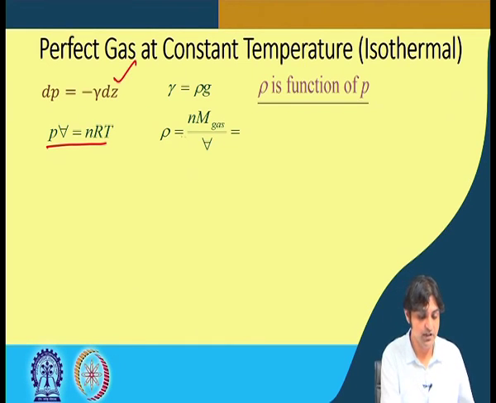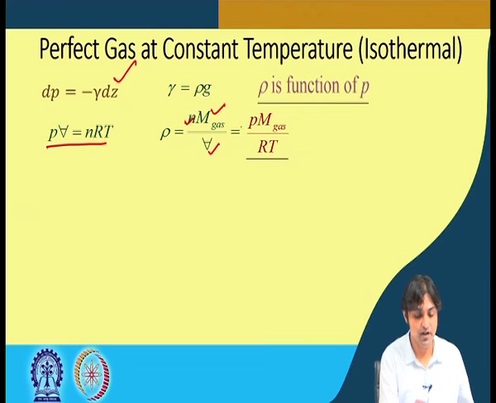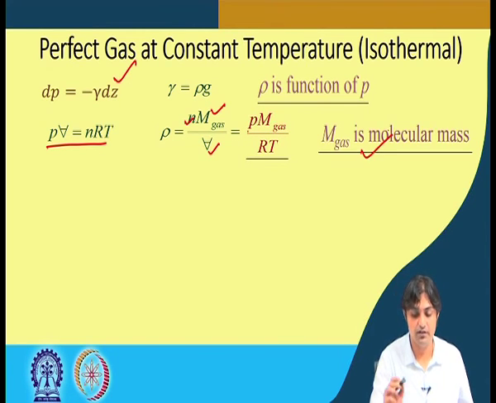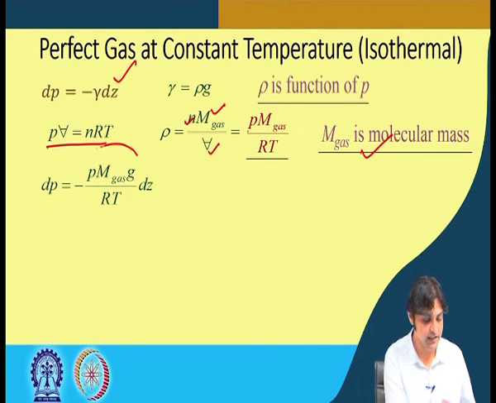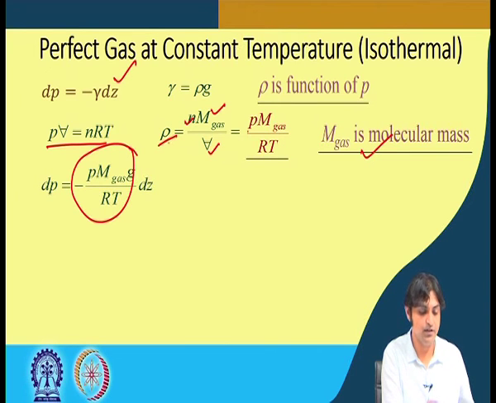So rho can be written as n times the molecular mass of the gas divided by volume, or P m gas by RT, where m gas is the molecular mass which we saw in lecture number 1. So dP is minus gamma dz, because we just multiplied the density with g here.